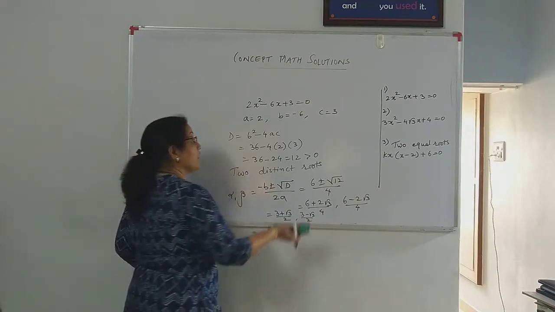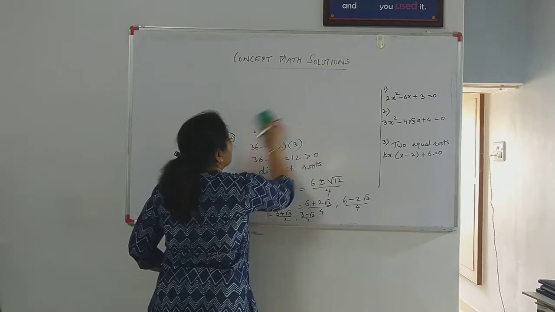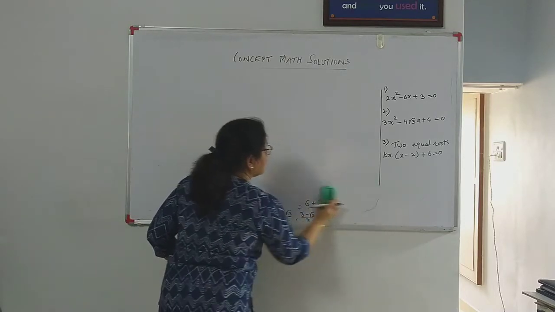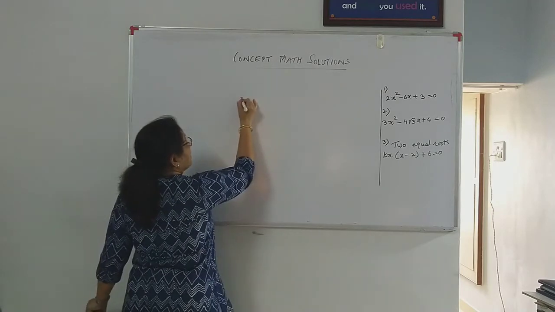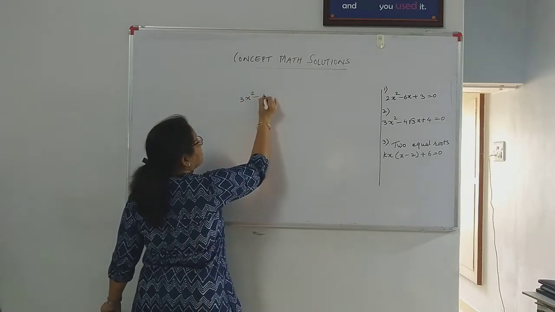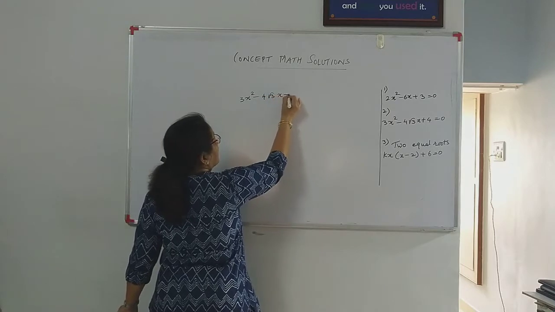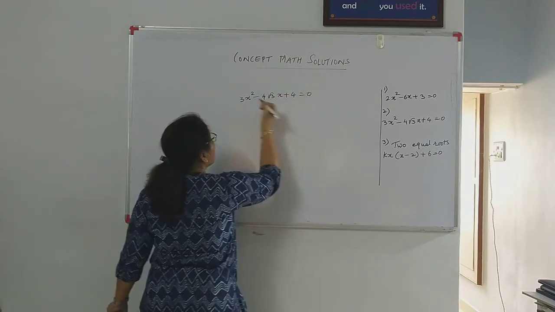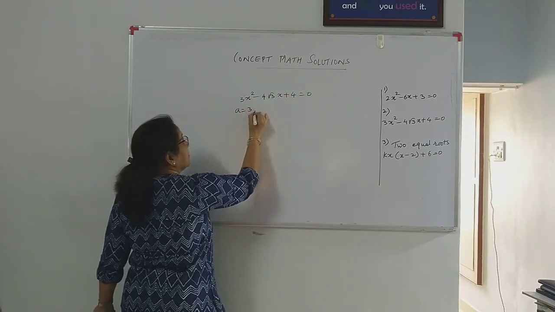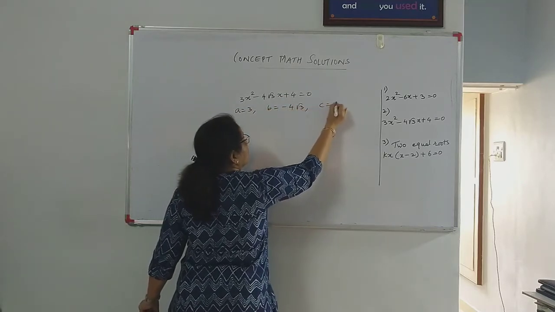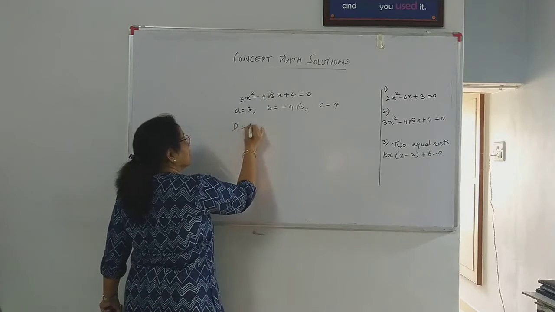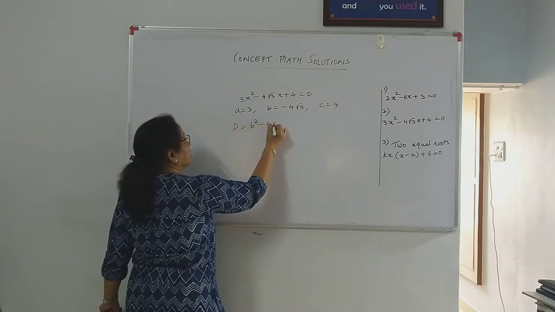If I go for the second question, wherein again they have said discuss the nature of the roots. Suppose this is now 3x square minus 4 root 3 x plus 4 equal to 0. We know a is 3, b is minus 4 root 3, c is 4. So D is b square minus 4ac.